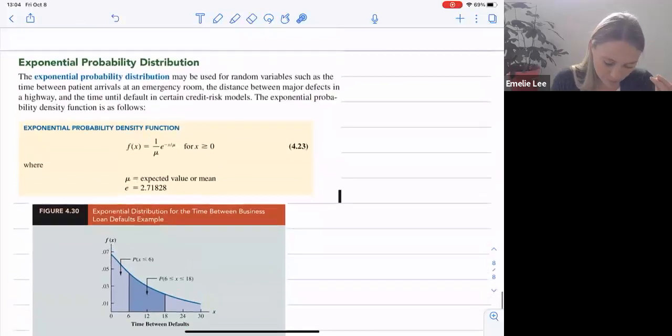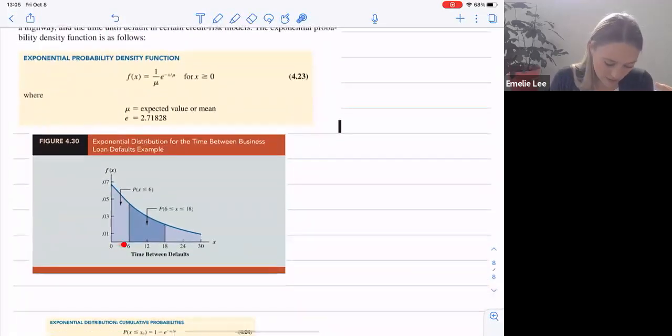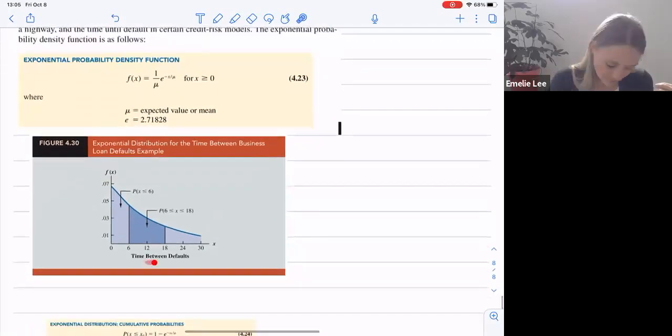Well, it's for random variables such as time between patient arrivals at an emergency room, the distance between major defects in a highway, the time until default in a certain credit risk model. If we're talking about time between defaults, sure, I'll use the example it has here.